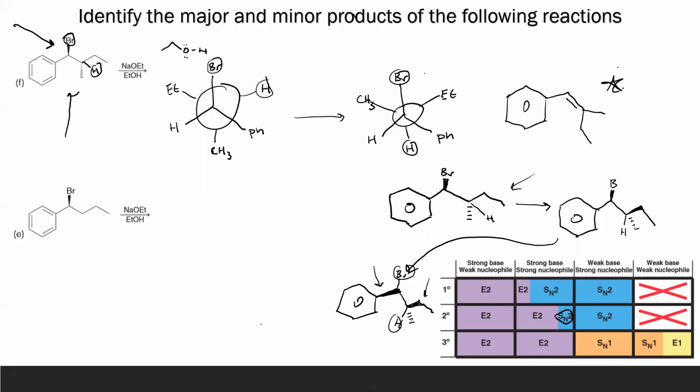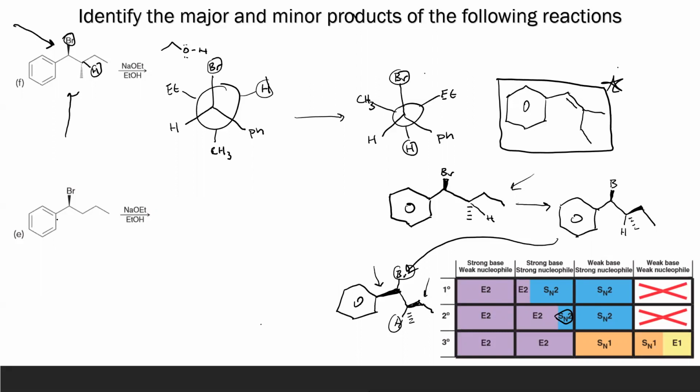But I find that a little bit confusing, but I guess it's just a matter of preference. Also, in a later question, I'll show you how to model this with the molecular modeling kit. I think that can be a really helpful way of looking at these elimination processes as well. So this is going to be your final product.